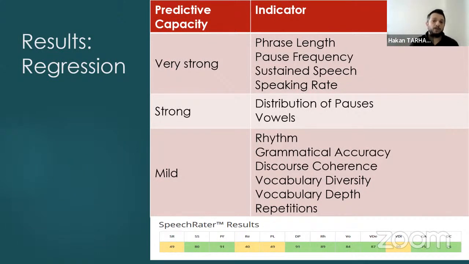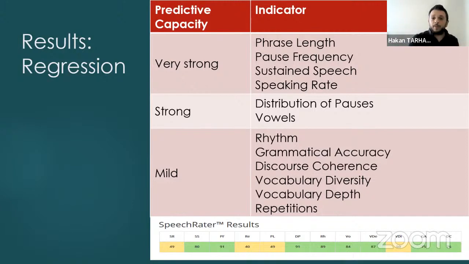Discourse coherence is about how well the ideas in your response are connected to each other and the question statement. This is a tricky one, for example. So when you use the SpeechRater alone without a human rater, you can easily talk about the question, but not respond to the question, but still get a good score on the SpeechRater.